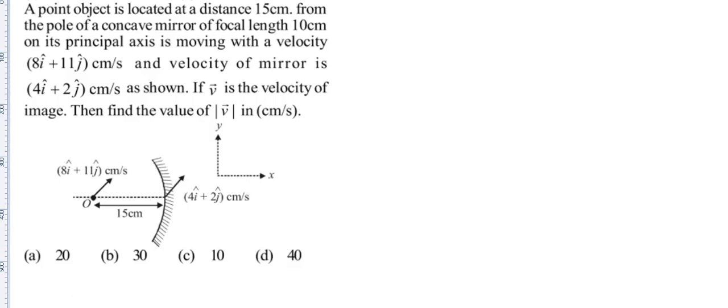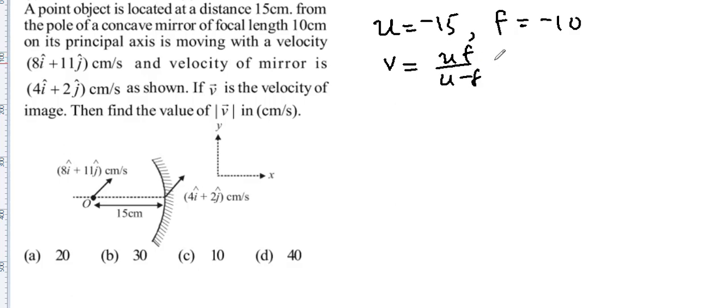Now let us try to solve the problem. Here, first of all, u is given as minus 15. I used the Cartesian sign convention. For the concave mirror, f is equal to minus 10. So naturally I can find the image position v using the equation v = uf/(u minus f), which is minus 15 into minus 10 divided by minus 15 minus minus 10.